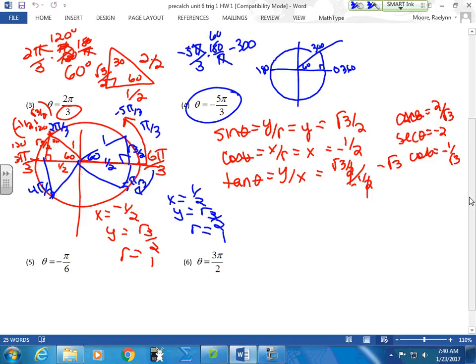If that was a positive, then it would absolutely be in quadrant 4, only because we have to rotate the opposite way. If we were rotating the positive way, yes, it would be in quadrant 4. But they kind of switch around because you're dealing with negatives and positives.